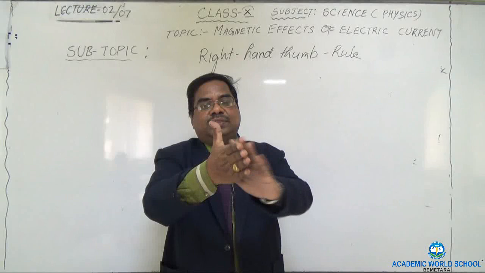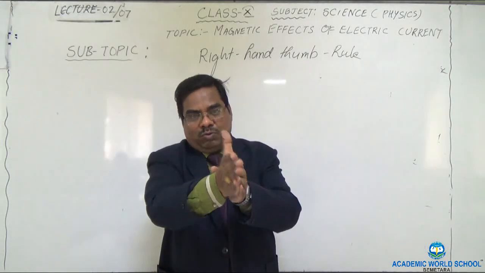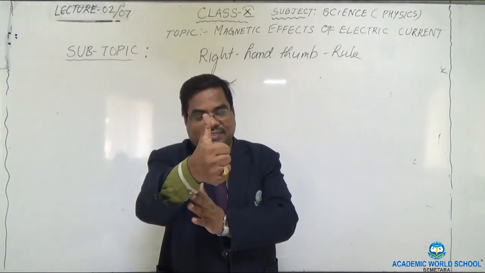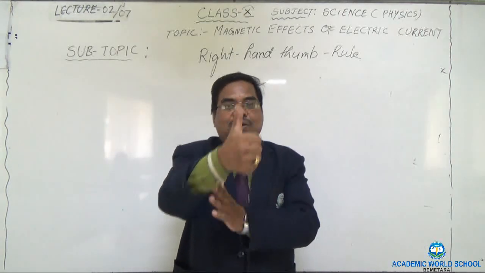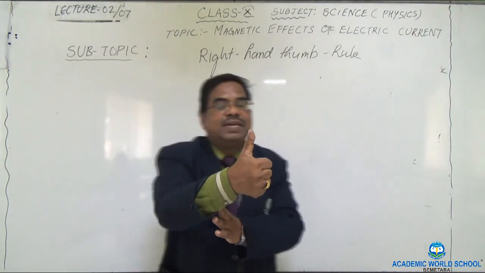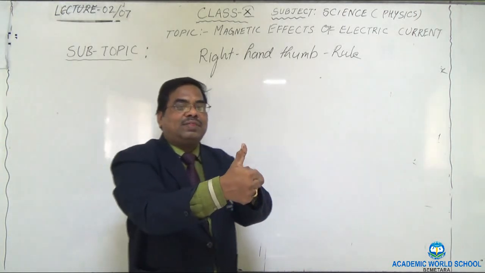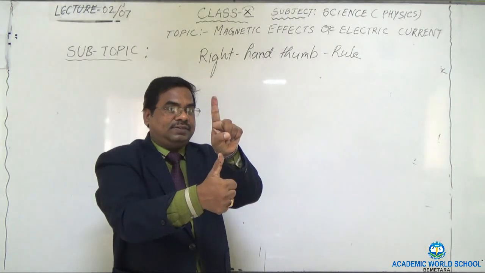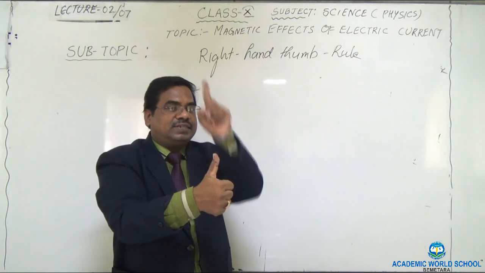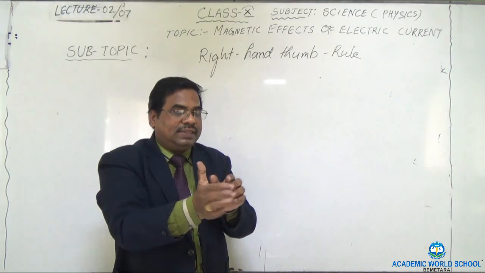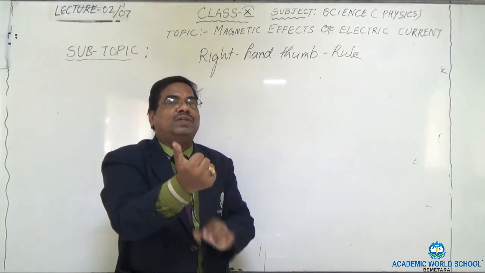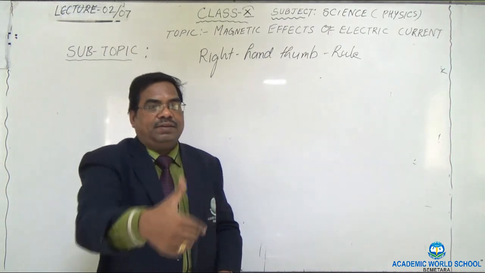Now encircle your palm like this, make a fist. The right hand thumb rule says, if you keep your thumb pointing in the direction of the current, then the fingers give the direction of the magnetic line.